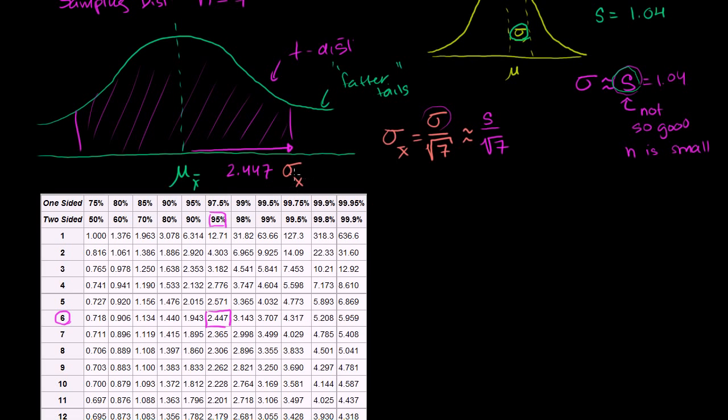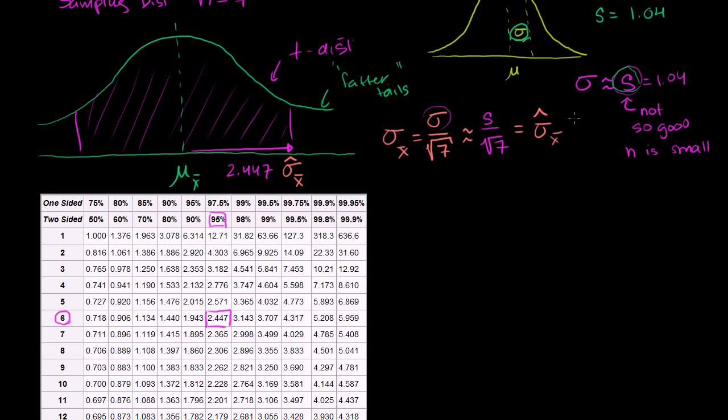Sometimes in statistics books, they put a little hat on top of the standard deviation to show that it has been approximated using the sample standard deviation. So we'll put a little hat over here, because frankly, this is the only thing that we can calculate. So this is how far you have to go in each direction.